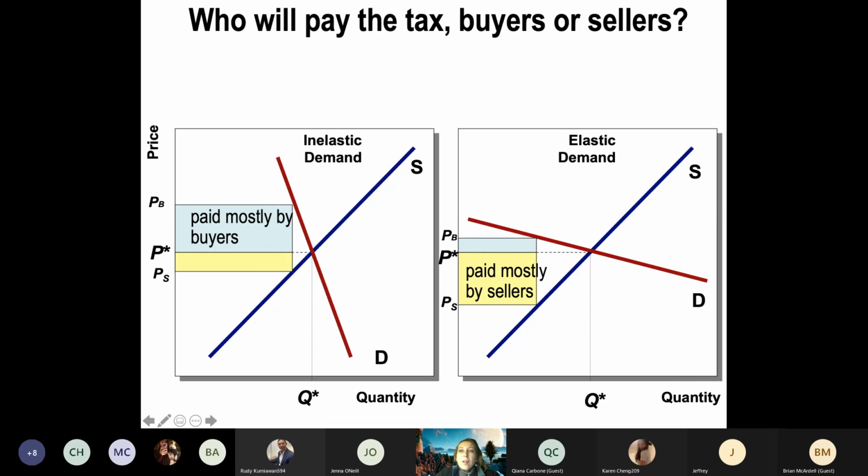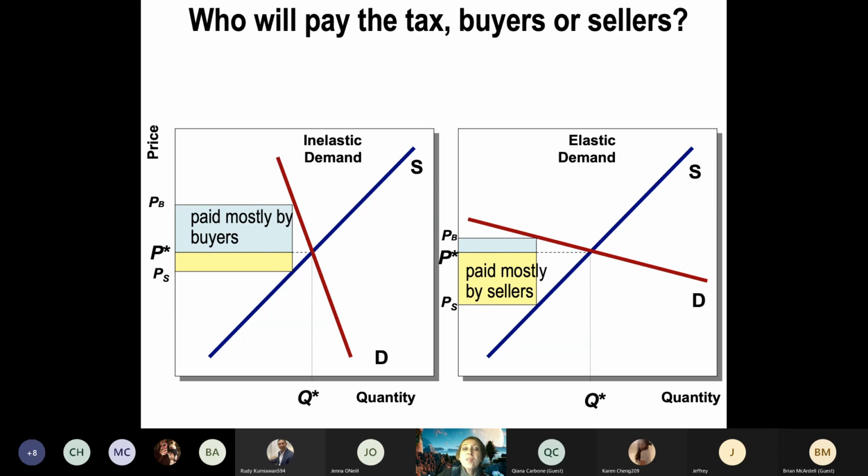Finally, our next point is to look at these two markets. In both markets the supply curve is identical, but in the first market the demand curve is less elastic. More elastic is when it's flat, so this is less elastic.